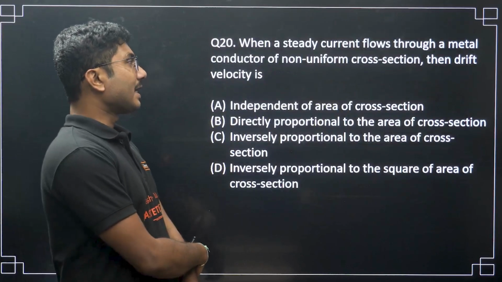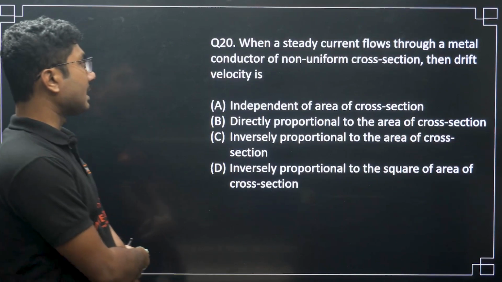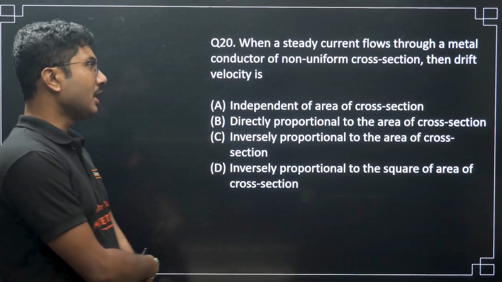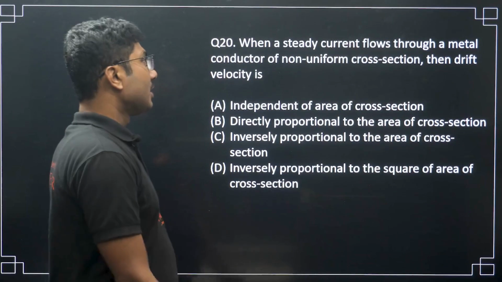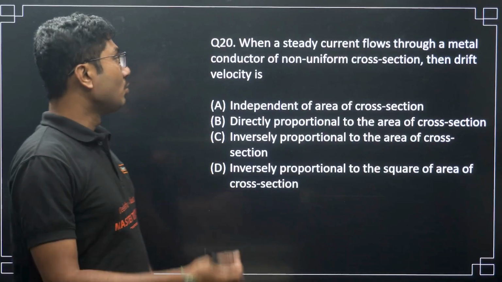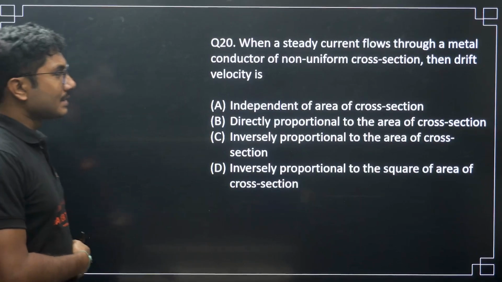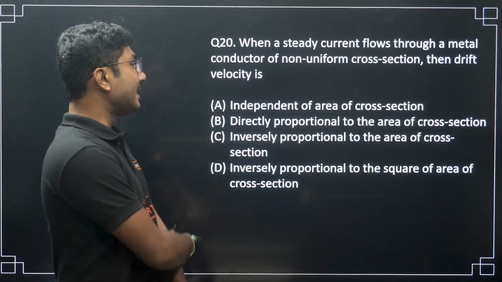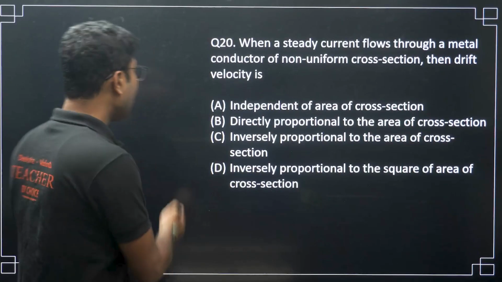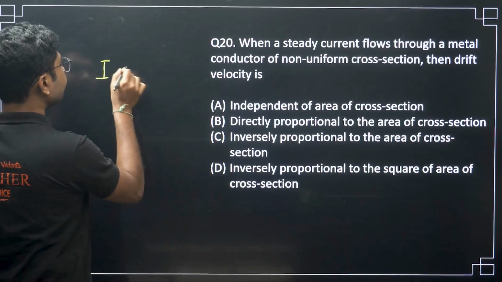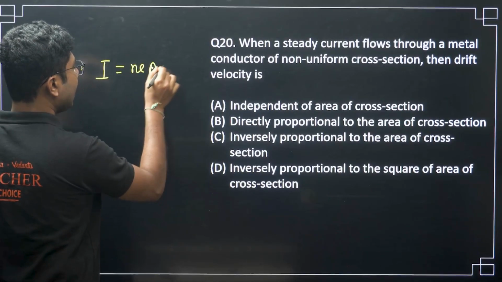When a steady current flows through a metal conductor of non-uniform cross section, then the drift velocity is. So now, what is the relationship between drift velocity and area of cross section? Current is given by I equals n e A v_d.